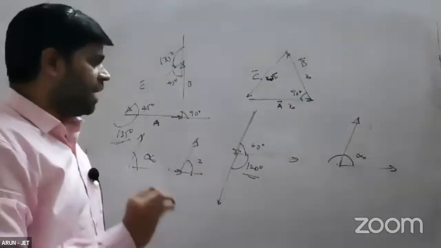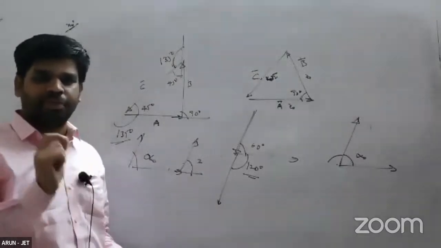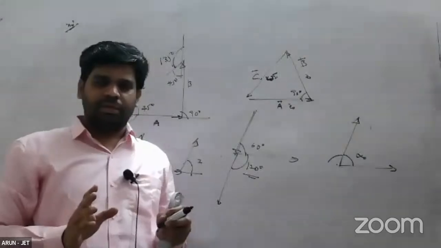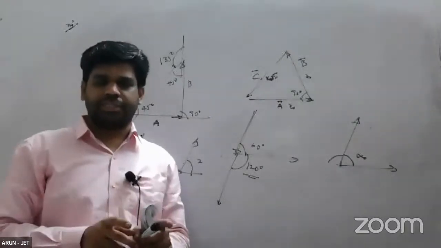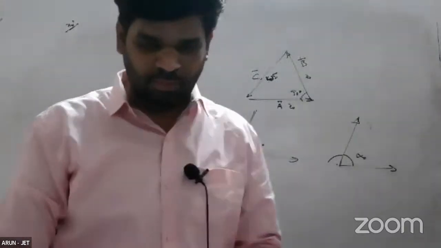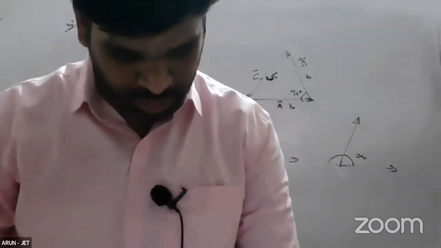I took this problem to show the angle so that the confusion goes away. Now it's gone, right? There is no confusion about the angle between two vectors. Yes, sir. You should make them co-initial. Then whatever angle you get, that is the angle between two vectors. First make them co-initial. Okay. Now let's go for one more.